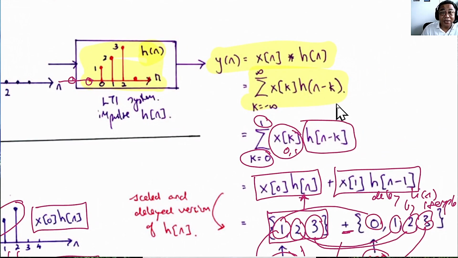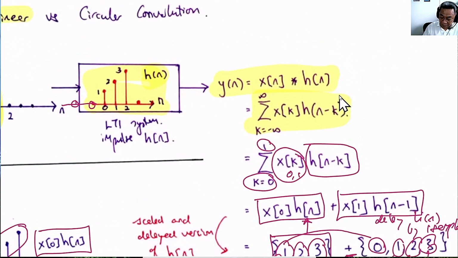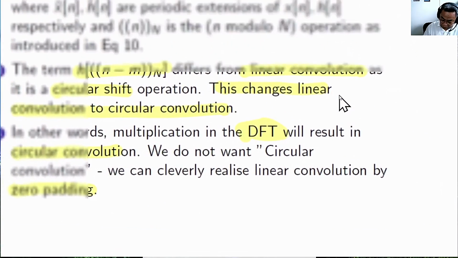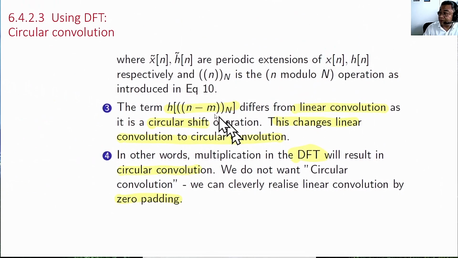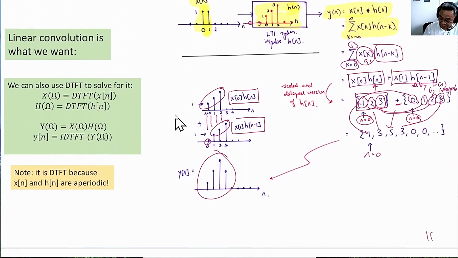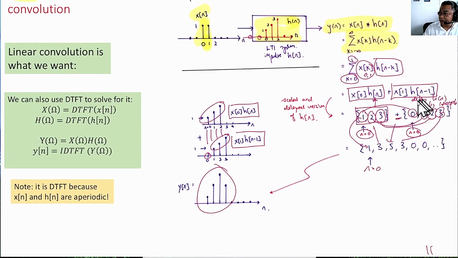We are delaying h by k samples, and this is a linear shift. We have seen that DFT will produce circular shifting, and because of circular shifting, things are moving into that n sample and causing these values to be wrong later on.